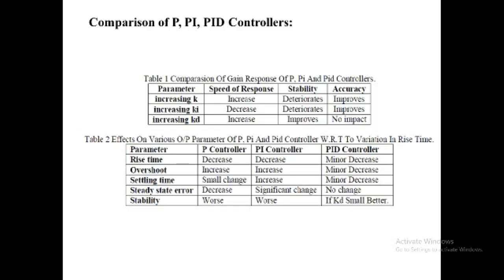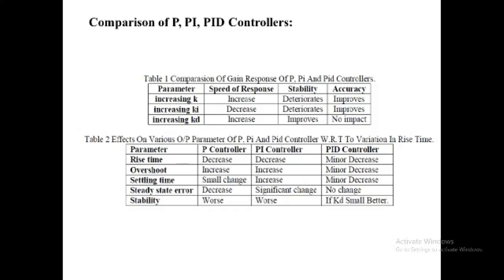Now here we see the performance comparison of P, PI, and PID controllers. It is to be noted that when gain is increasing, the speed of response is increasing in the case of P and PID controllers. But in the PI controller, the speed of the response is decreasing.